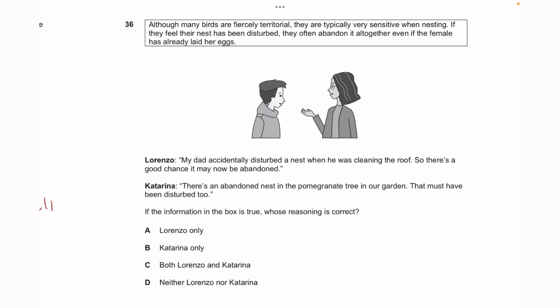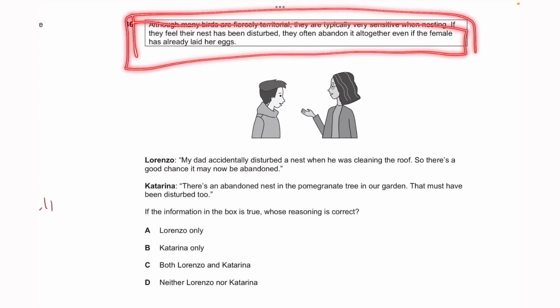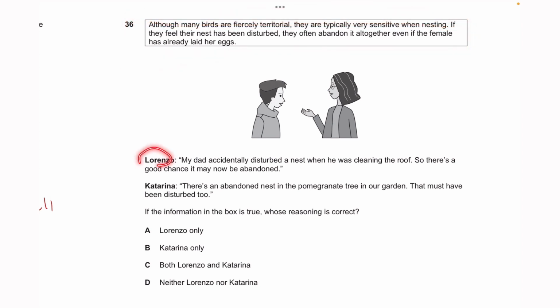Alright, so remember, boys and girls, the information in this box is always true, and we have to see if Lorenzo's and Katerina's reasonings are correct based on this information in the box, okay? And so let's work this out. Although many birds are fiercely territorial, they are typically very sensitive when nesting, okay?